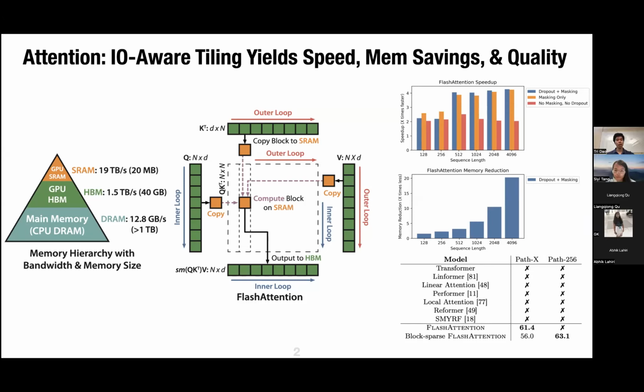By exploiting SRAM, which is way faster but way smaller than GPU memory or HBM, we're going to make things go faster. The trick for doing that, as I've shown in the middle, is you compute things by block, and that's called tiling. And the upshot, on the right, is that we're going to make it faster, save a lot of memory, and have higher quality models. So those are the main takeaways.